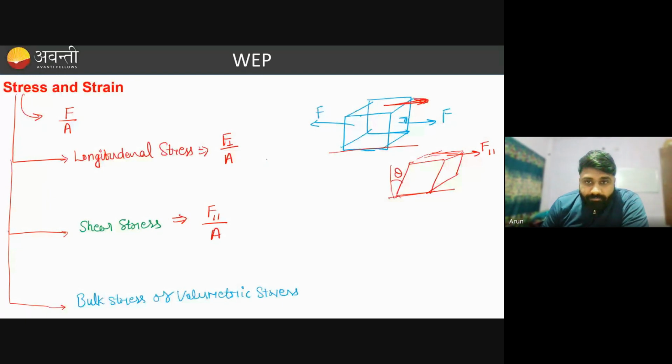Got it? What if I have a sphere, with stresses in each and every direction, a force acting on it uniformly, and let's say the initial volume is V. So what will happen to this?